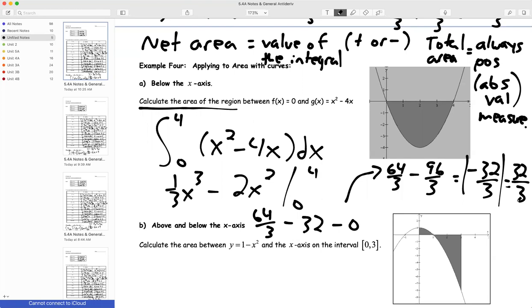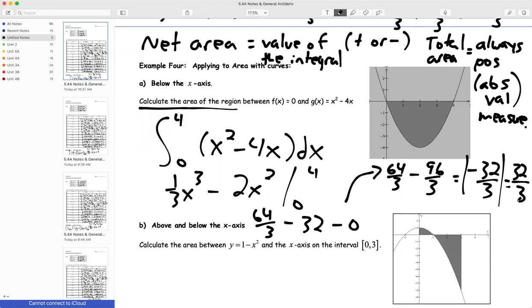So in this manner, would we put units next to it, or is there no measurement? If the units are provided, yes. But in this case, no. How should you tell again if it's total area or net area? Okay. If it says calculate the area of the region between these two things, that is always total area.